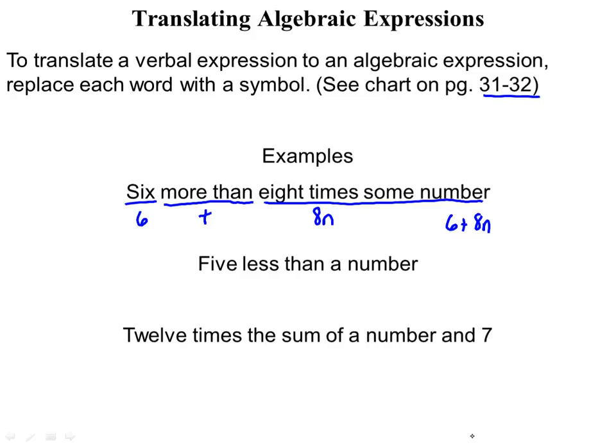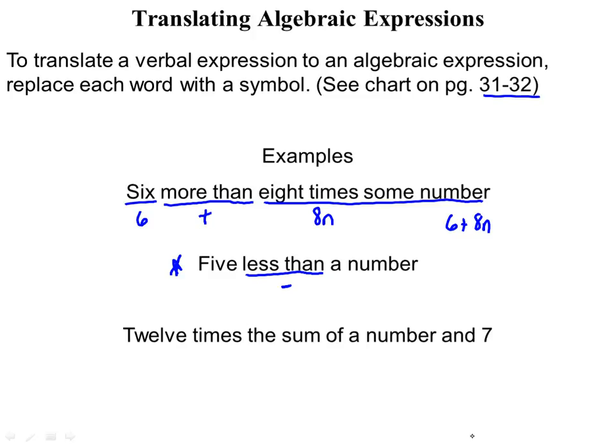Now, the one in the middle, less than, that is subtraction. Subtraction is not commutative. You will see one like this on your test, so make sure you get it right. Make sure you read and understand what's going on. This says 5 less than a number. 5 less than a number, so think about money.